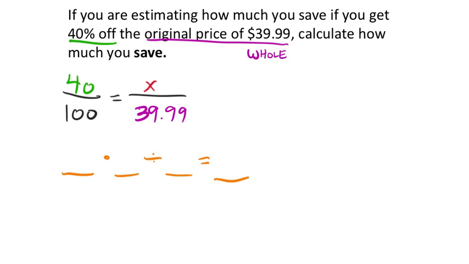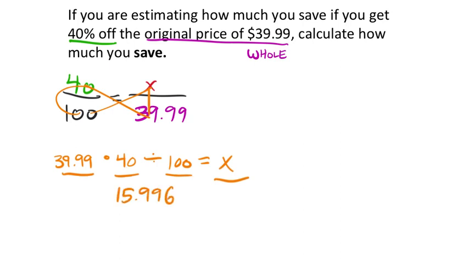So with this set up, now we're ready for the percent proportion to be solved with fish method. So from X, we would go down to $39.99, cross up to 40, swing that down to 100, and then we end where we start always, which should be where the variable is. So when I put this in the calculator, we get 15.996, but we are dealing with dollars up here.